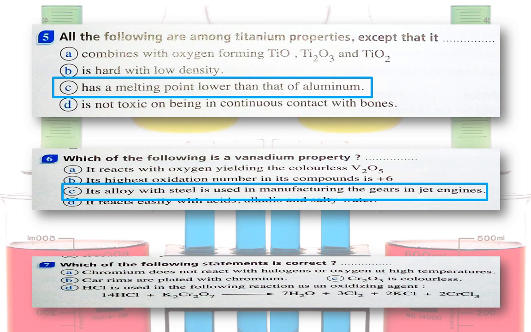Okay, we have here 14 HCl and potassium dichromate K2Cr2O7 giving 7H2O, 3 Cl2, 2 KCl and 2 CrCl3. So the right answer here is car rims are plated with chromium. Chromium makes a protection for the metal or for the car rims.